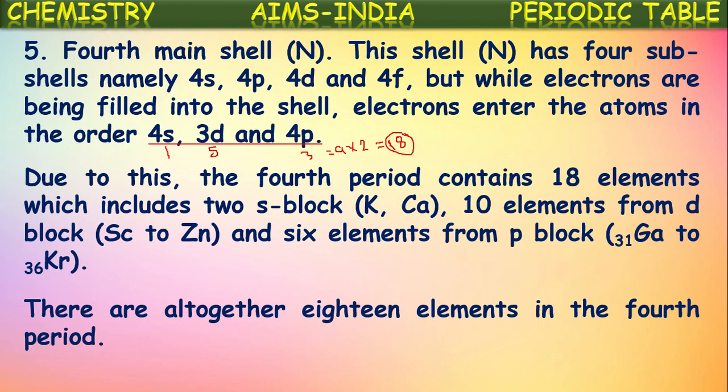How is it 18, you got it? Because the elements in the fourth period are filling their subshells 4s, 3d and 4p. So these subshells contain totally 9 orbitals. Each orbital can accommodate 2 electrons. Totally 18 types of electron configurations are possible and hence 18 elements are present in the fourth period.